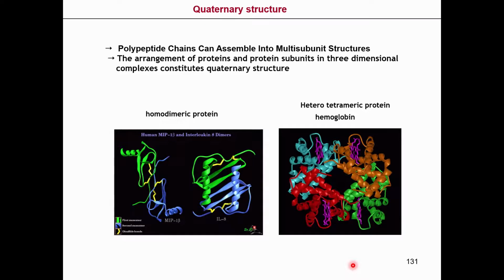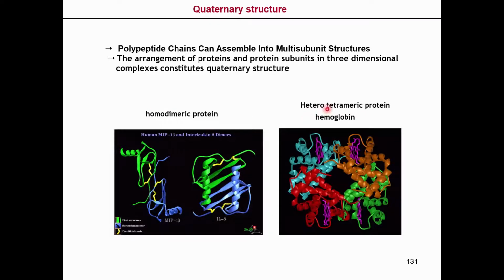When in a protein you have several polypeptide chains, these chains can assemble into a multi-subunit structure, and the arrangement of these subunits in 3 dimensions constitutes the quaternary structure. Okay, so in this example, you have a homodimeric protein. It means that you have 2 chains which are identical.